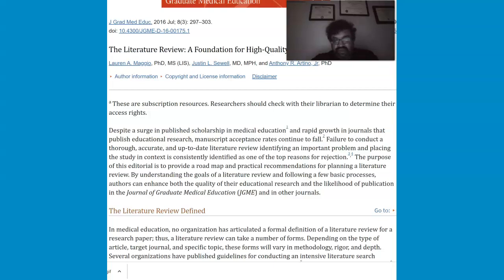Despite a rapid growth in journals, there's a failure to conduct a thorough, accurate, and up-to-date literature review, identifying an important problem. I've seen this to be true in newer scholars and in scholars that have been in the field for a long time. So understanding the goals of the literature review, why you're writing it, and following a few basic processes can enhance the writing.